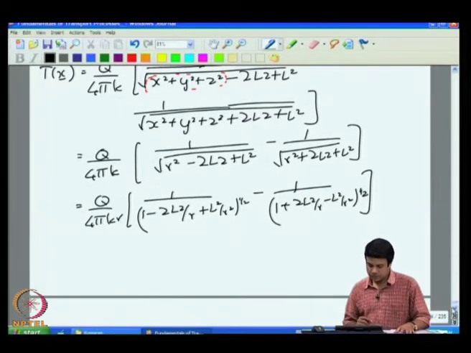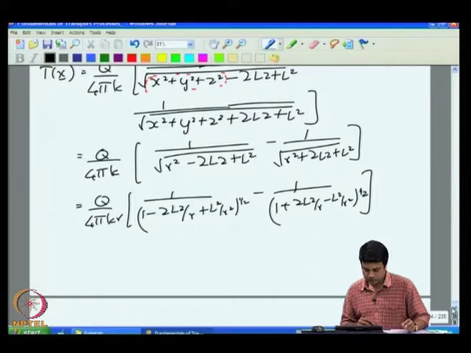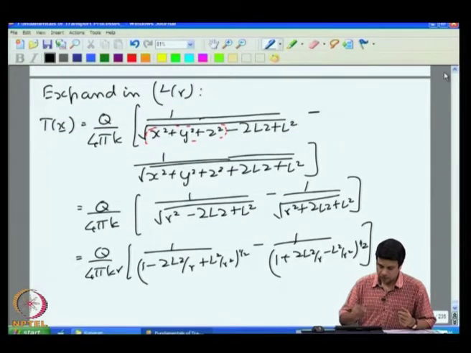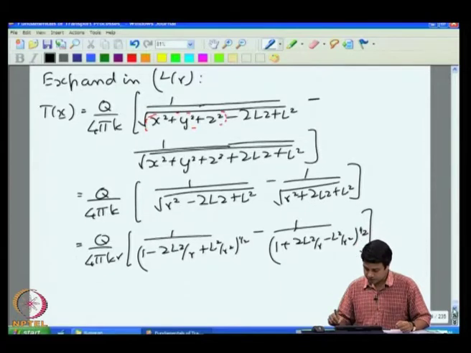And I can use a binomial expansion for this in the limit where L is small compared to r. Recall that I want to expand in this small parameter L over r.